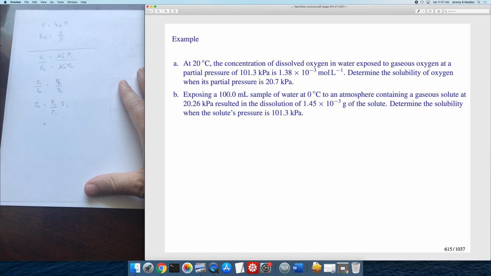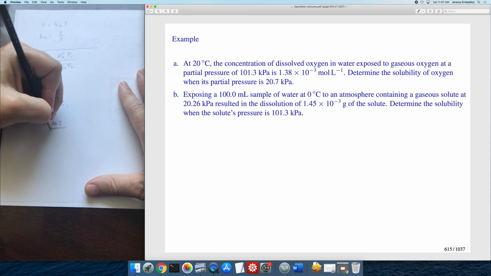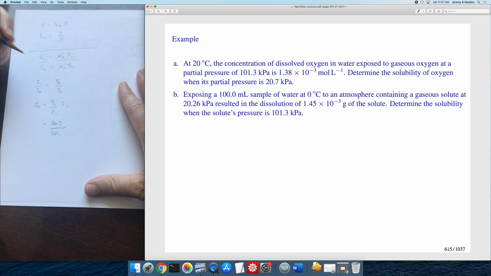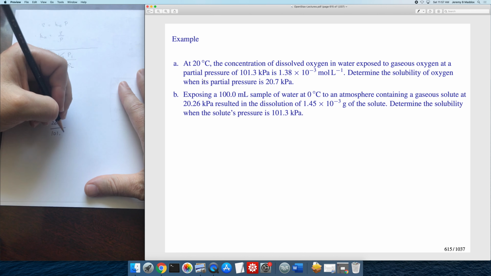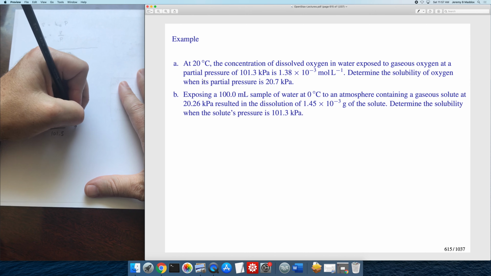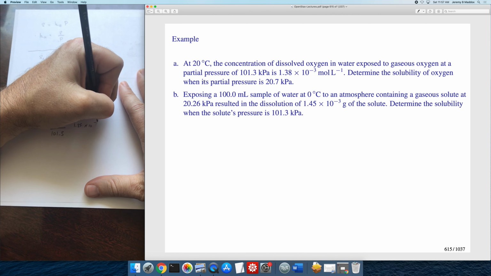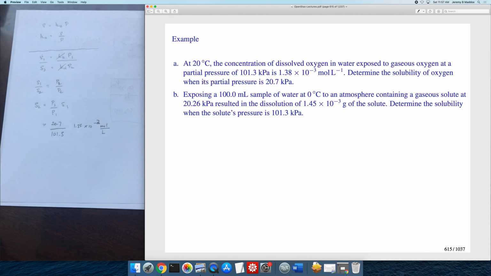Then you can plug in the numbers. So the second pressure is 20.7 kilopascals divided by 101.3 kilopascals. The units cancel, times the solubility of 1.38 times 10 to the minus 3 moles per liter. Then you can run that through your calculator.